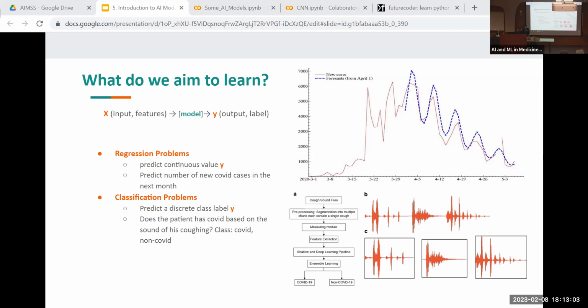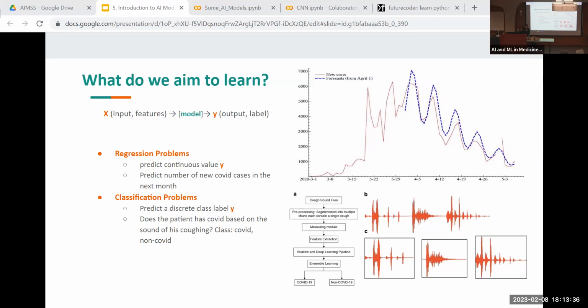So we want to predict a continuous value as our output. An example can be that we want to predict the number of new COVID cases in the next month. So we have a time series problem where we know the pattern in the previous months. And based on that data as an input, we want to predict the future. We want to predict the number of new cases in the future. So this is an example of a regression problem in medicine.